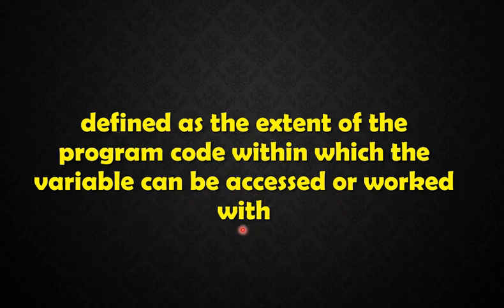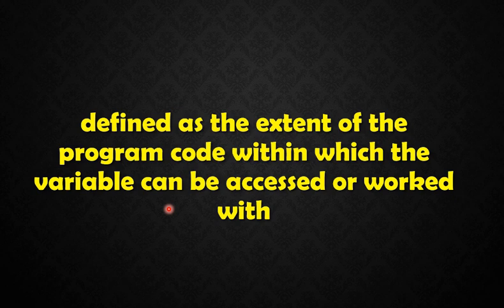This is the border point up to which we can use a variable inside our code. That is called the scope. As of now, just understand as much as you can from this statement; the detailed definition will come in the later stages of this video.